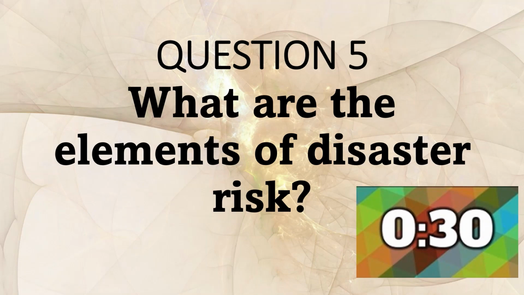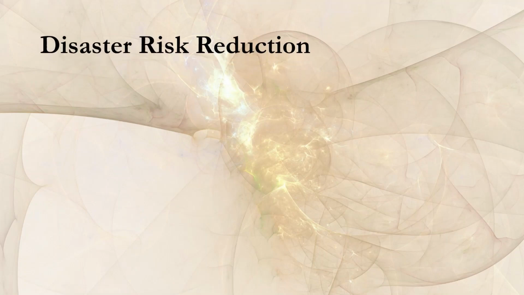Now let's move on to our next topic, which is disaster risk reduction. Our subject is entitled Disaster Readiness and Risk Reduction. What is the meaning of disaster risk reduction?